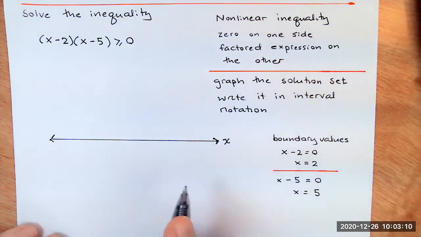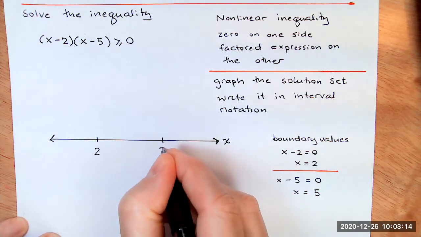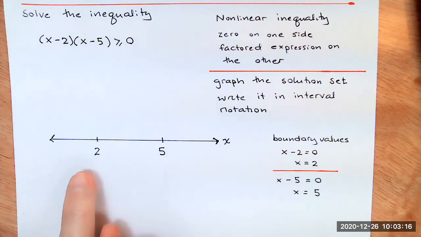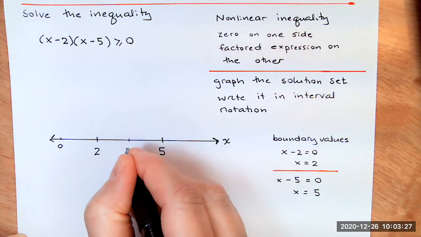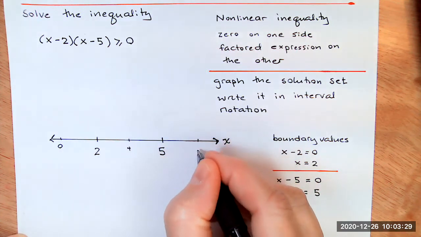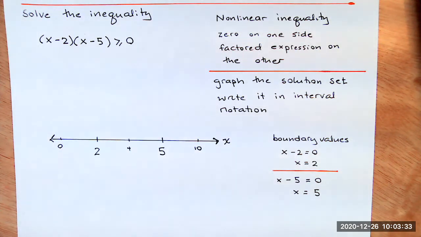So my boundaries are 2 and 5. And because I have 2 boundary values, I have 3 regions to test. So you just pick any number in those 3 regions and put them in the inequality.